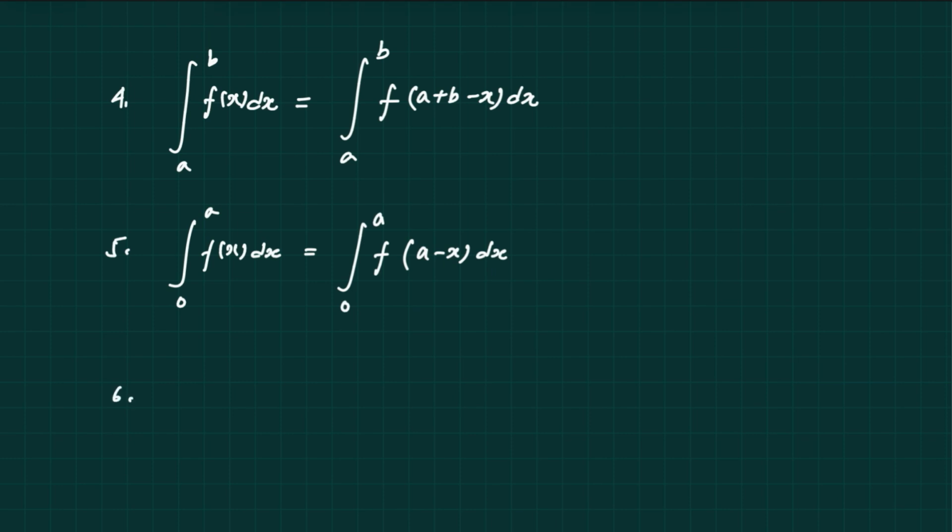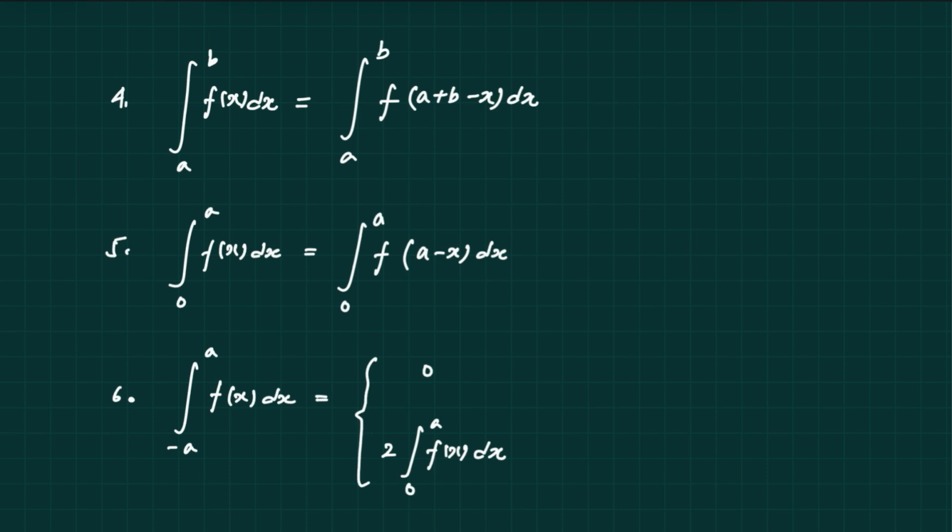Property number 6: if my integration is from minus a to a, note the limits, of f of x dx. Now this integral can have two values. It can be either 0 or 2 times the integration from 0 to a of f of x dx.